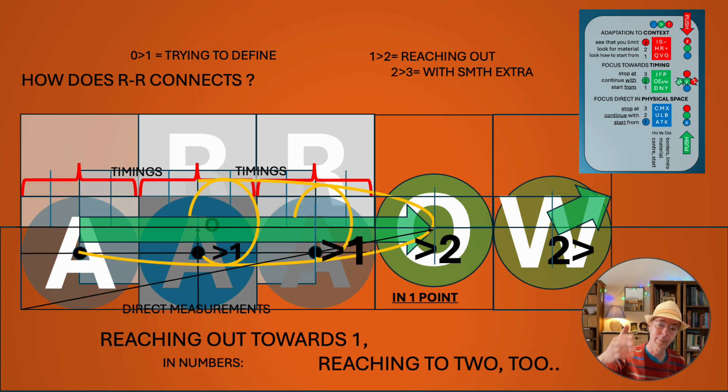The end effect will be defined in timing. In O, that's the number 2. It's related with the second degree in timing. So after these timings, we will have the next timings in O, and that will lead to the W. It reaches out to something too.